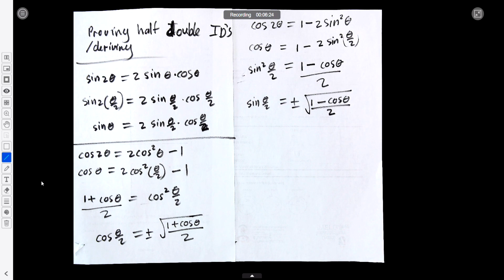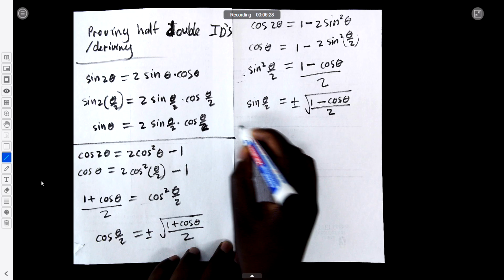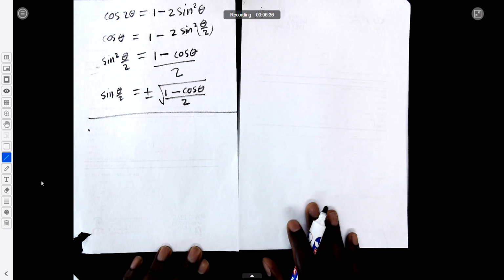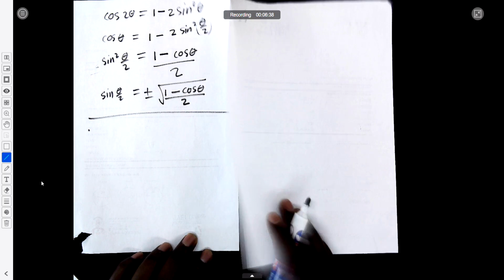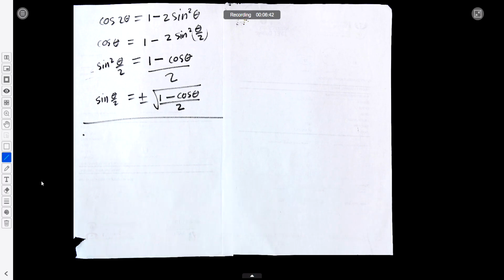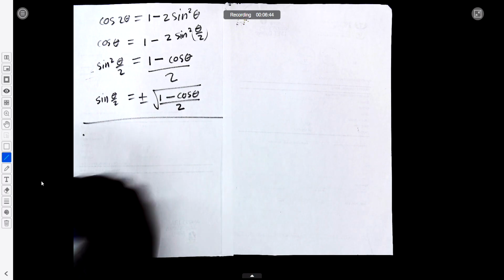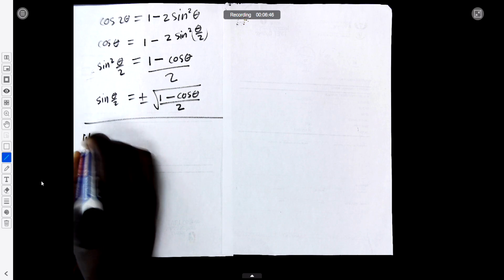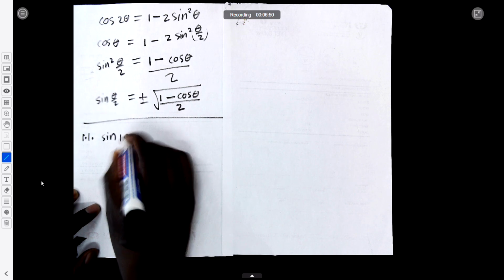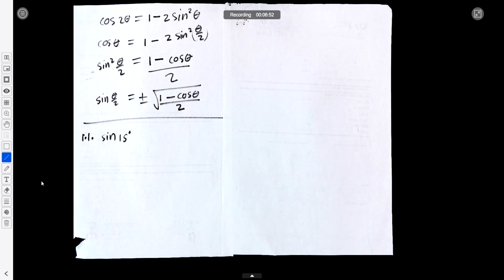In just maybe 6 minutes, where will you use this? Let's say you want to find solutions of angles. Let's say we're given question 1.1: sine 15 degrees.